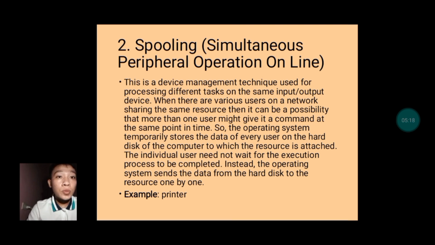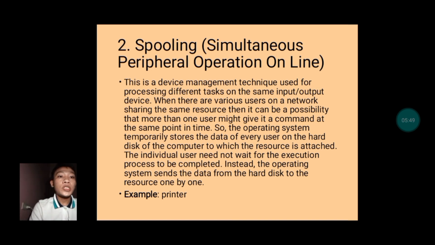Next is spooling, or simultaneous peripheral operation online. This is a device management technique used for processing different tasks on the same input or output device. When there are various users on a network sharing the same resource, there is a possibility that more than one user might give a command at the same point in time.